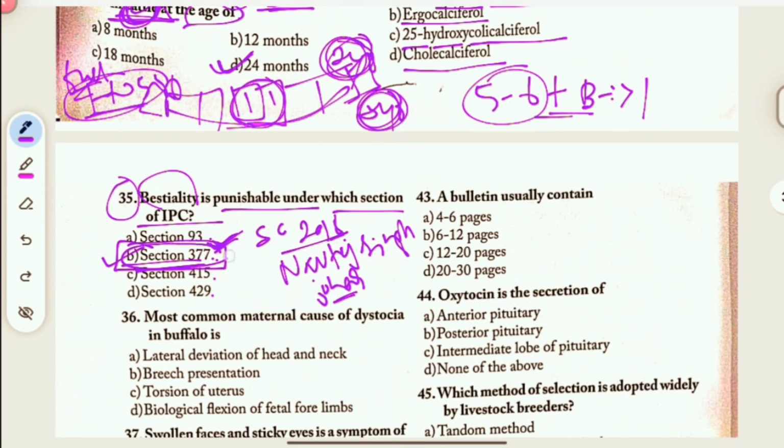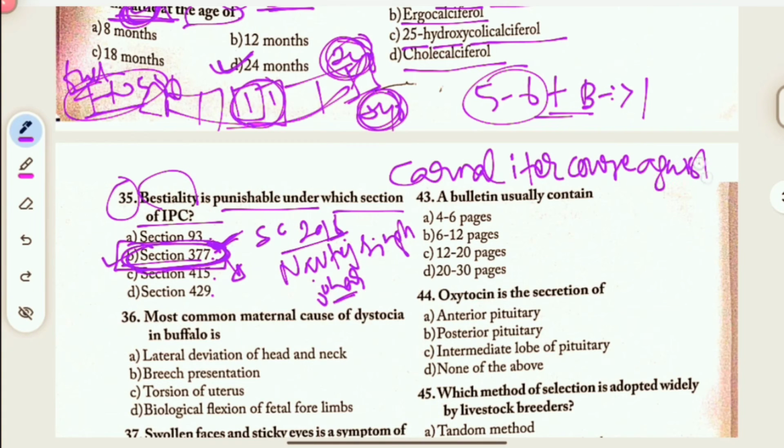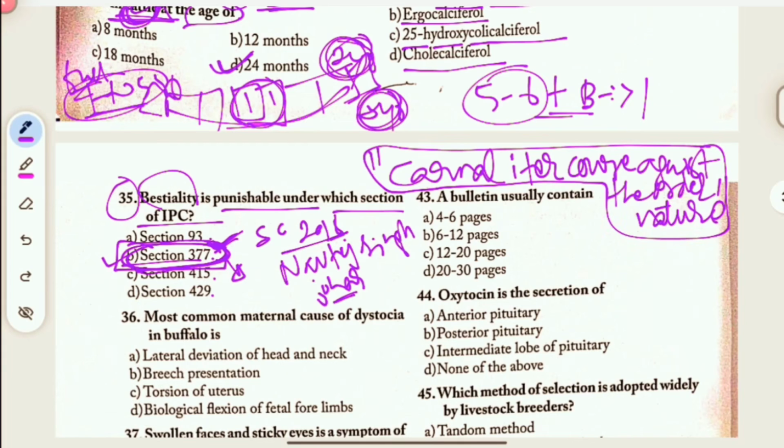Section 377 criminalizes carnal intercourse that is against the order of nature. Such sexual acts are considered criminal activity under section 377.